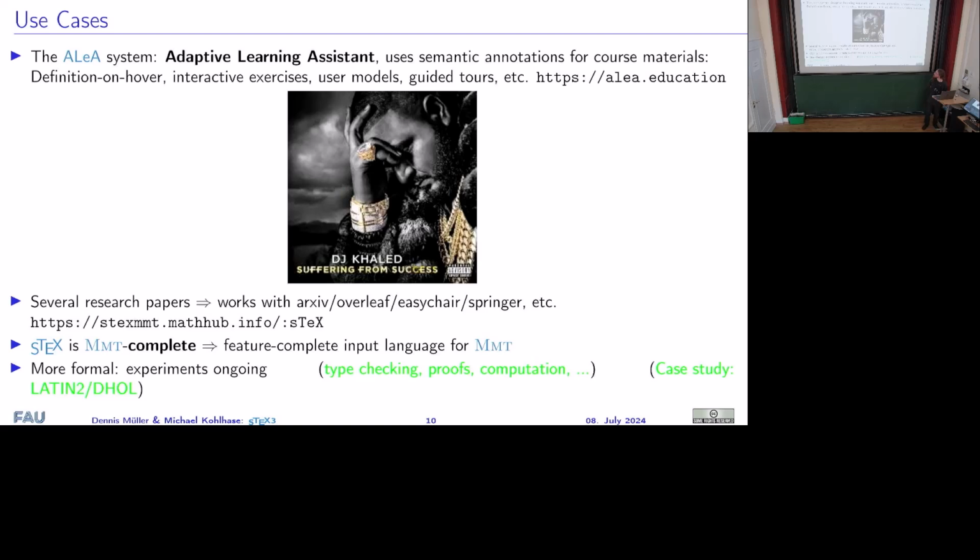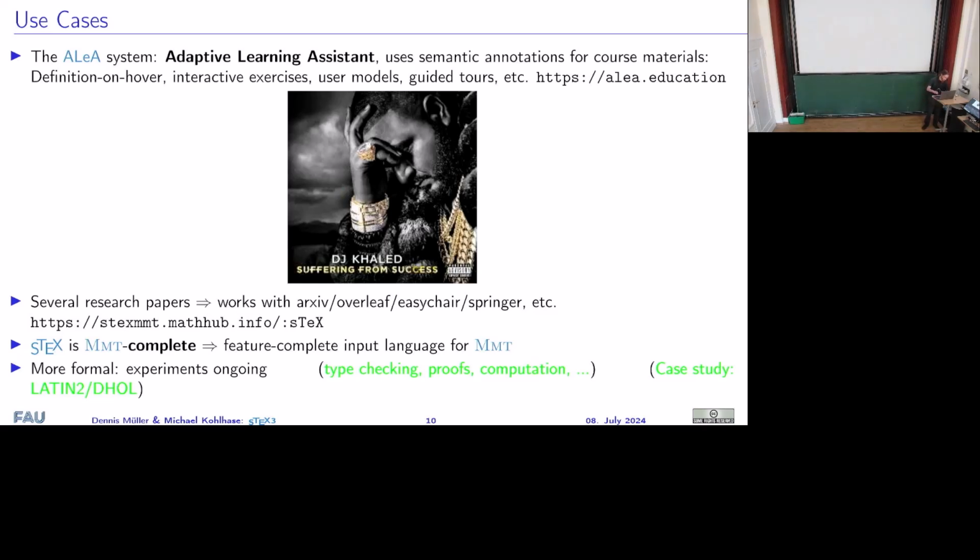We can do some amount of computation. We've experimented with integrating the LEO3 theorem prover into MMT and checking STEC code using Leo. That has not worked, but not for principal problems, but really just for system integration problems, the usual problems.